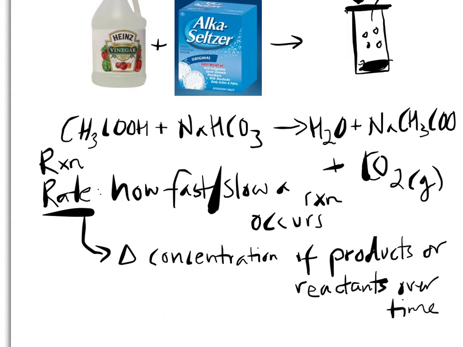So when we quantify the rate of a reaction, we're measuring a change in the concentration of the products or reactants. Over time, the amount of products in a reaction is going to increase because they're getting made, whereas the concentration of reactants decreases because they're getting used up.